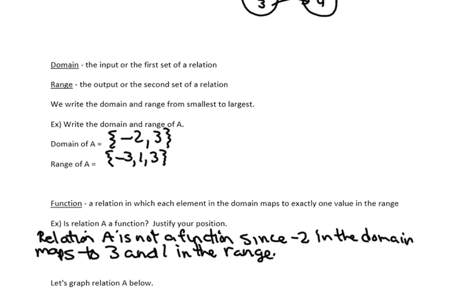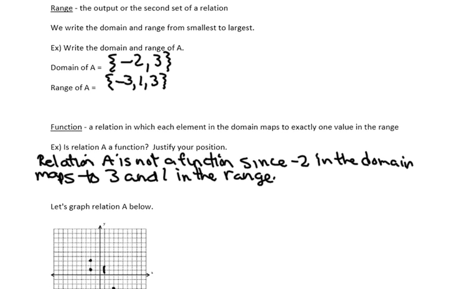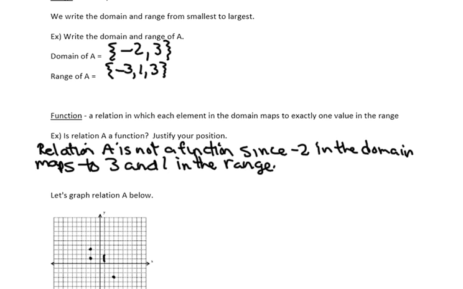Now, what I have done before is below here is I've graphed the relation with those 3 ordered pairs. Now remember, it was because of -2 mapping to two different values in the range that it's not a function. Well, what type of picture can I draw in between -2, 3 and -2, 1? Well, a vertical line, which I will draw.